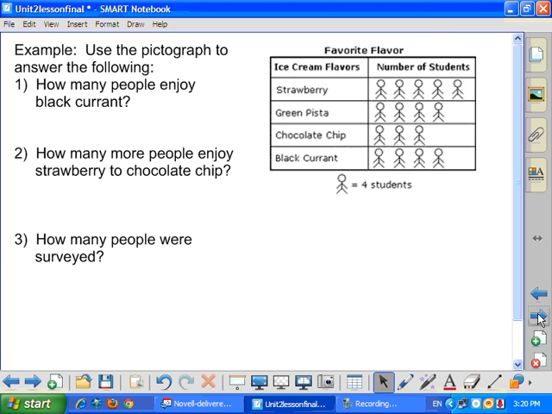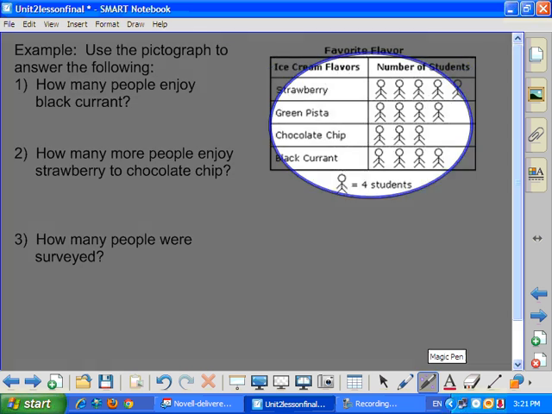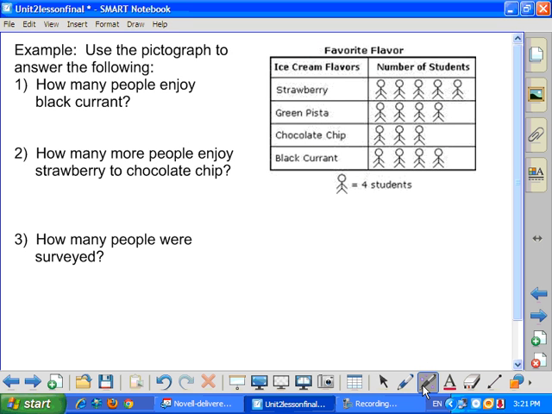So I have an example here. Use the pictogram or pictograph to answer the following. Again, here's the picture. This is what you're going to see in a newspaper. It just seems people are more comfortable with that than the bar graph. How many people enjoy black currant? Black currant's just a flavor, so you simply look up black currant. Looking in here, there are 4 little stick men.